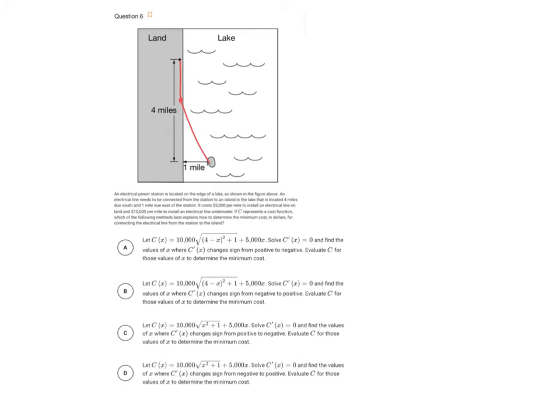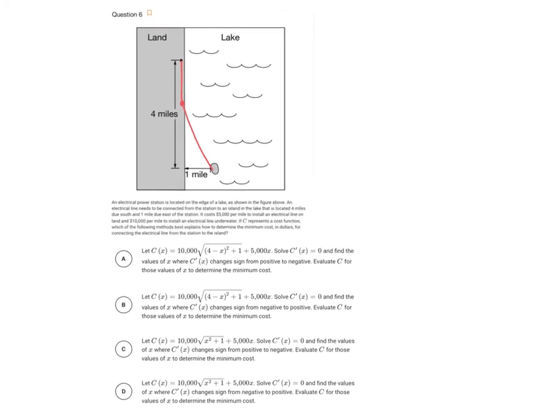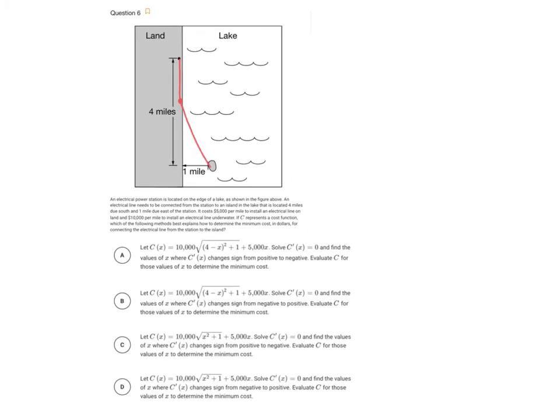Okay, so the price on land is 5,000. So look at all these equations. Do you see there's 5,000x in all of them? So it makes sense to call the line that's being run on land distance x.